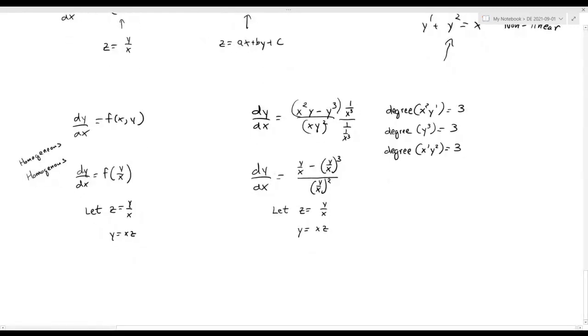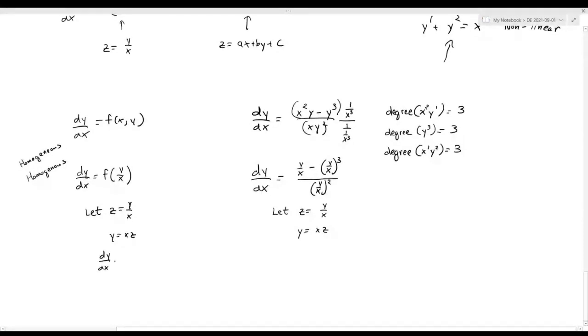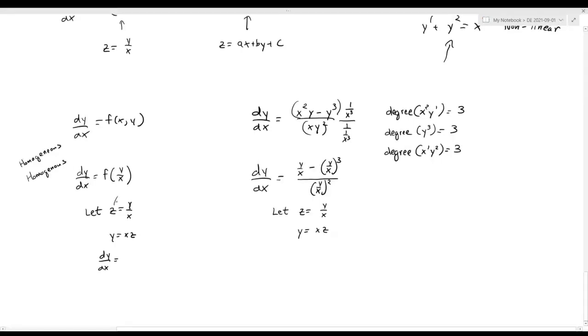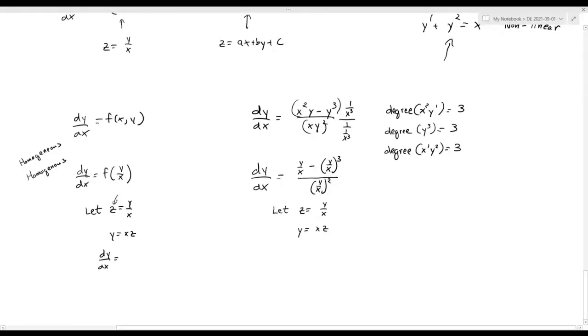So we need to replace dy dx. So how do we compute dy dx? Right. So x is the independent variable, let's remember. Always keep in mind which variable is the independent one and which variables are functions of the independent variable. So here we have y is a function of x, so z must also be a function of x, an unknown function.